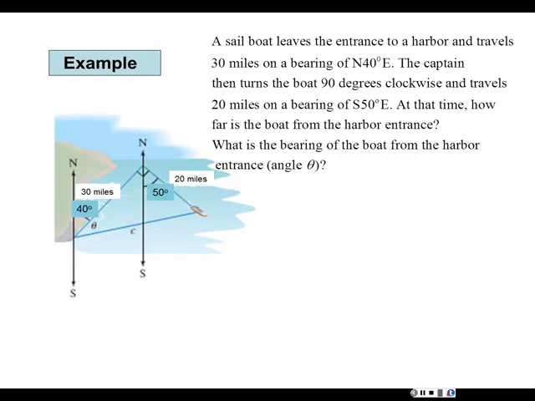How much? 36.06 feet, or miles, I'm sorry, just miles. So that is going to be your distance from the harbor entrance to the boat.